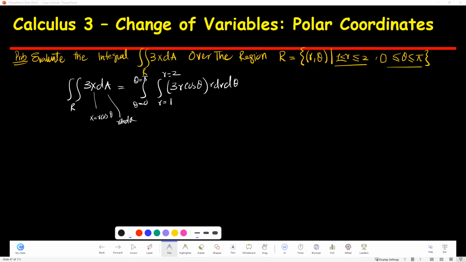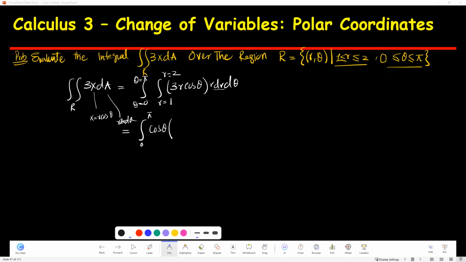When we're solving with r, cos theta is a constant. So maybe I can write this 0 to pi. And remember, when we're solving r dr, theta is a constant. So I'm just going to write the cos theta outside.